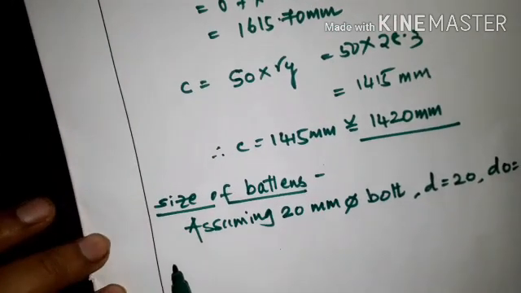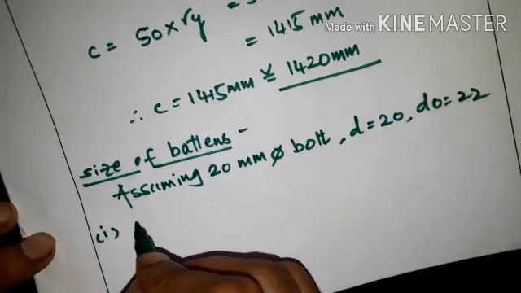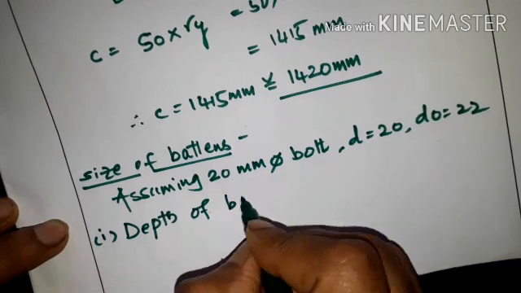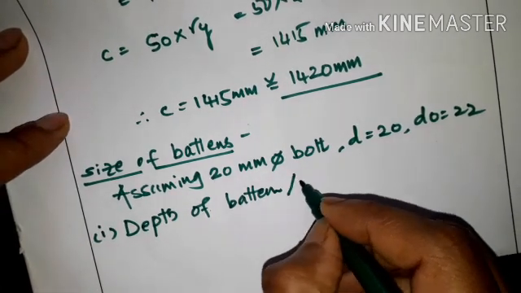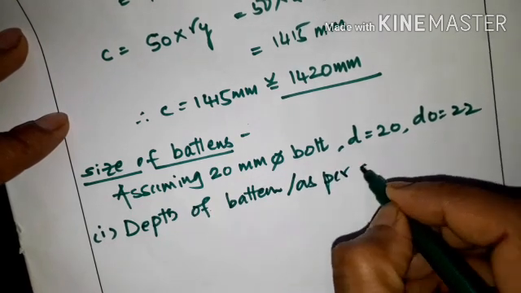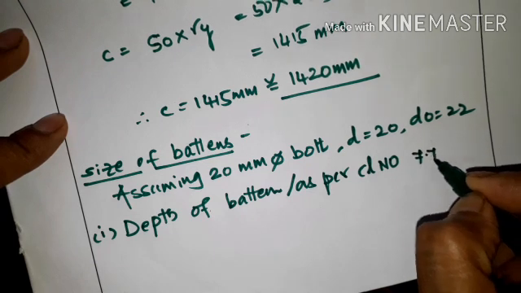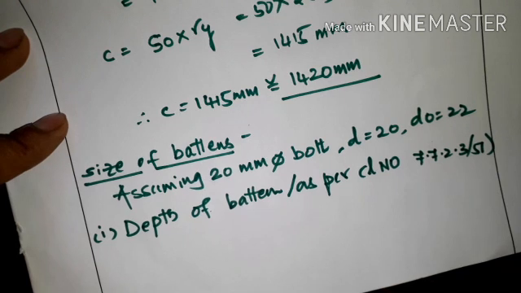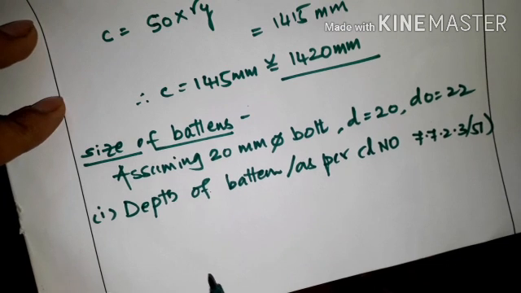First is the depth of the batten plate. What should the depth be? Again, as per clause number 7.7.2.3, page 51. Here I'll just draw the sketch.